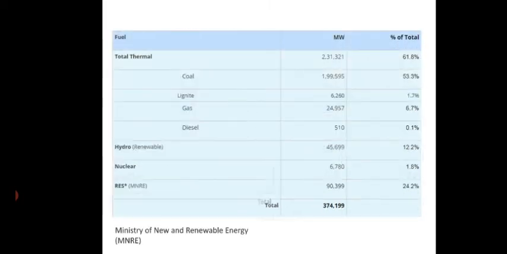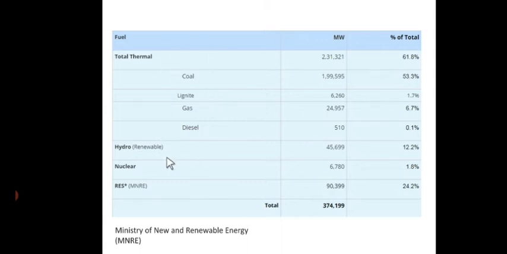Now you can see the different sources from which we can produce power. Coal produces 1,99,595 megawatt, as part of total thermal energy: coal, lignite, gas and diesel. As we know, 61% of the total energy requirement is produced by thermal energy.